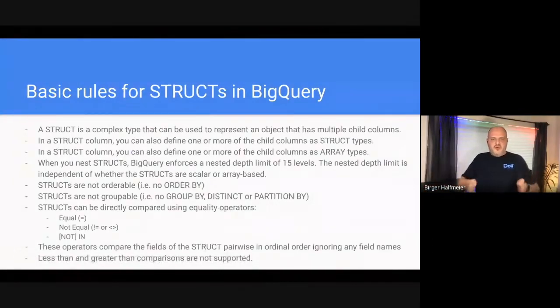It's a pairwise ordinal comparison, so it ignores the field names, and the data types have to be compatible. If that doesn't work for you, you can always manually compare individual fields in your structs. For example, if you wanted to do some sort of less than or greater than comparison, that's not supported out of the box because there's just no way that BigQuery would know how to order those structs.